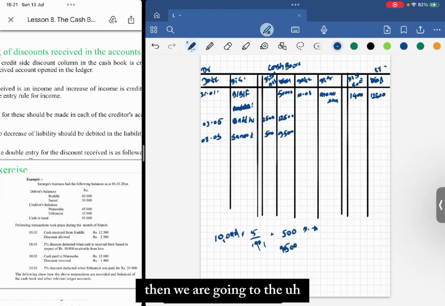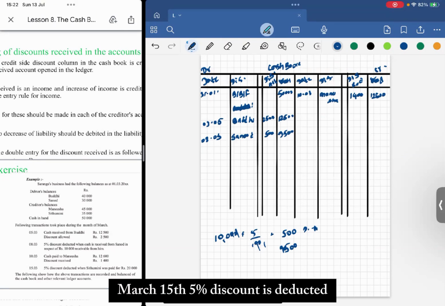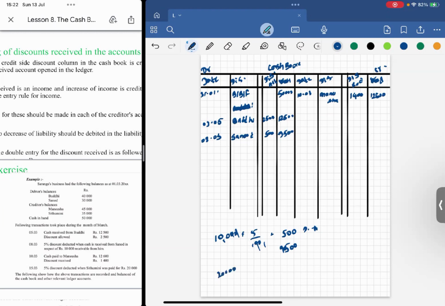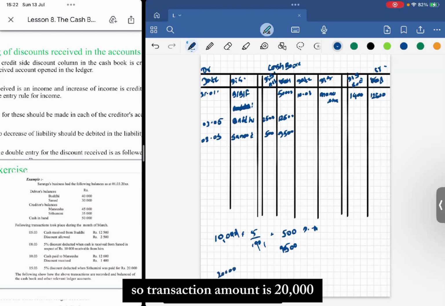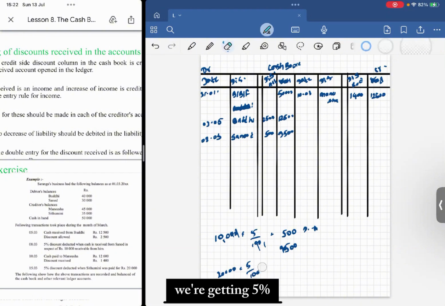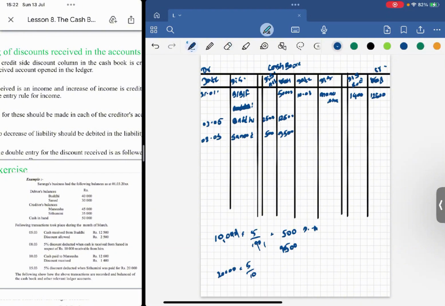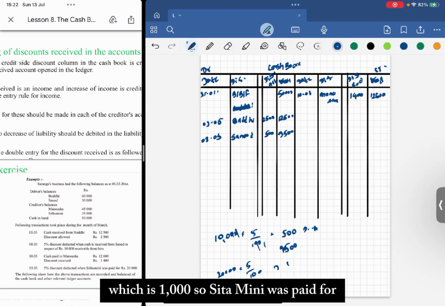Then we go to the next transaction, which is on March 15th. 5% discount is deducted when Situmini was paid 20,000. So the transaction amount is 20,000, and from that we get 5%, which is 1,000.